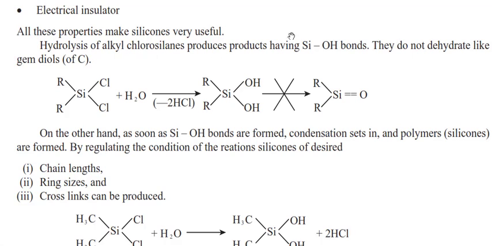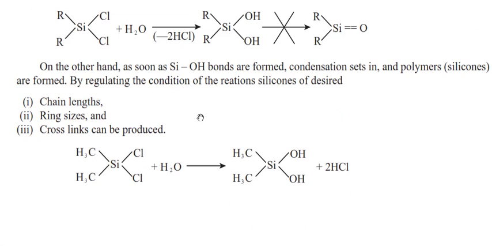Hydrolysis of alkyl chlorosilanes produces SiOH bonds, and they do not dehydrate like gem diols. By regulating the conditions of the reaction you can make chain or ring sizes, or you can do cross linking with silicon.